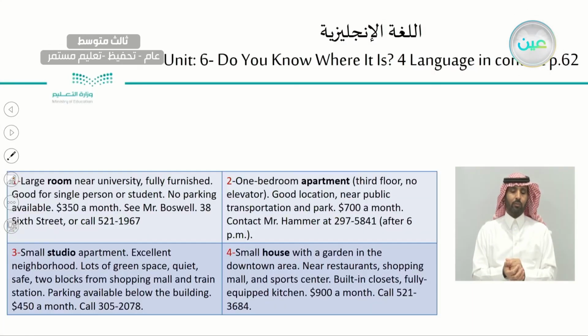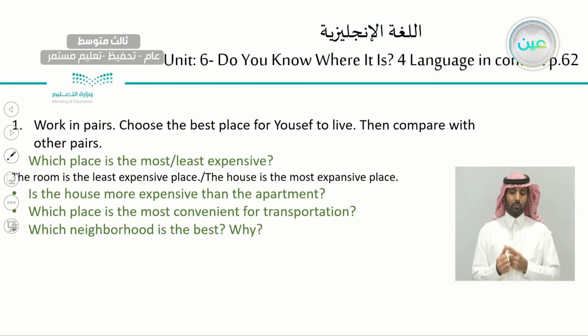Okay, read the ads and try to answer the question. Okay, the first question here, which place is the most or least expensive? So the room is the least expensive place. The house is the most expensive place.